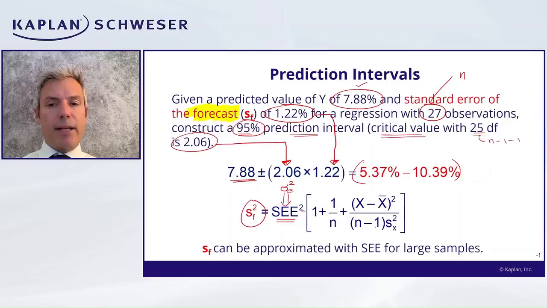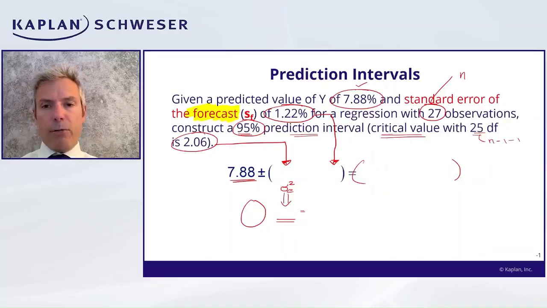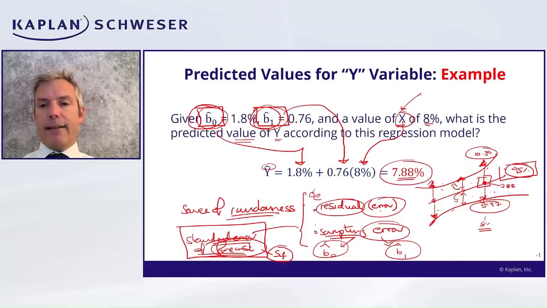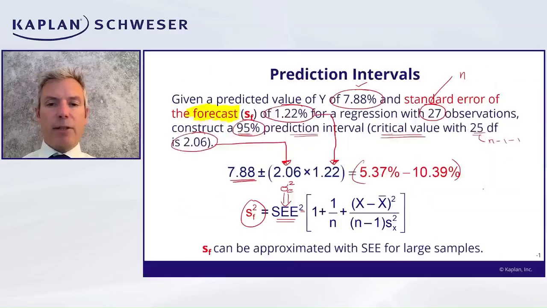And then this term here is really reflecting where you are in your data. Remember I said that the further you are away from the center of your data, the wider these prediction intervals need to be because there's less certainty about how x and y are interacting out there. So that's what this term is representing.